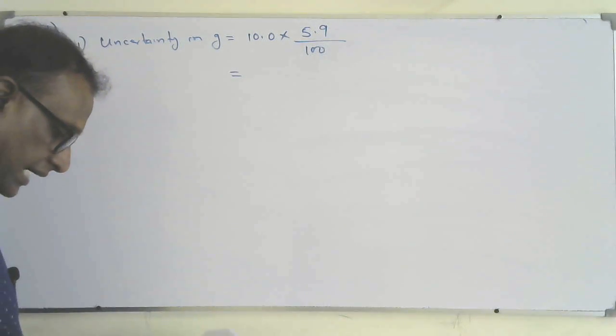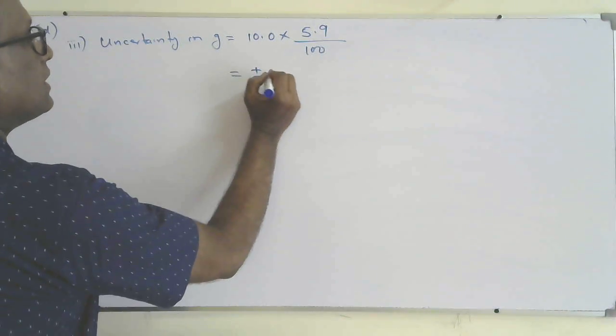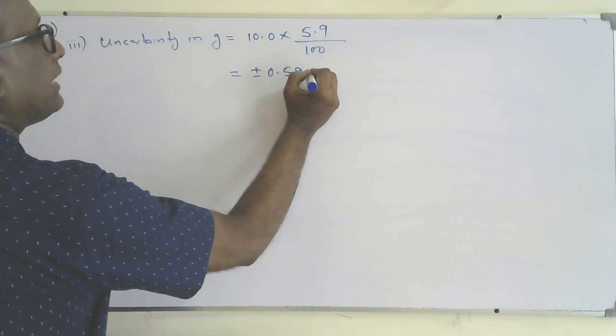So the uncertainty will be plus or minus 0.59 meter per second square.